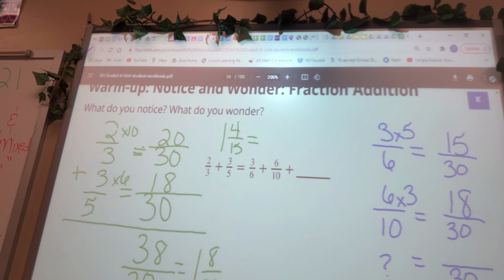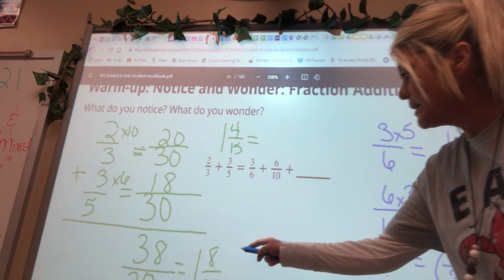Now, how much do I have already right here? 33 30ths. Oh, I have 33. I'm trying to get it equivalent to that. So how many more would I need right here? 5. I would need 5, and then that would give me 38 30ths, which is the same as 1 and 8 30ths.